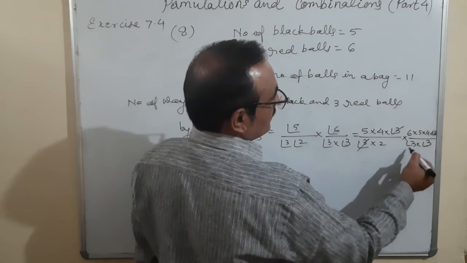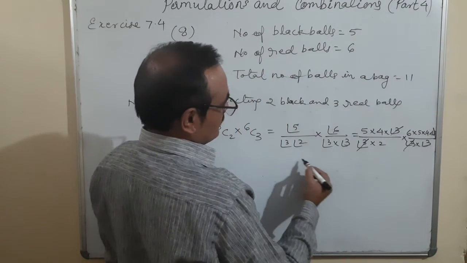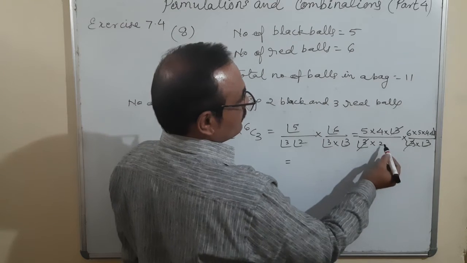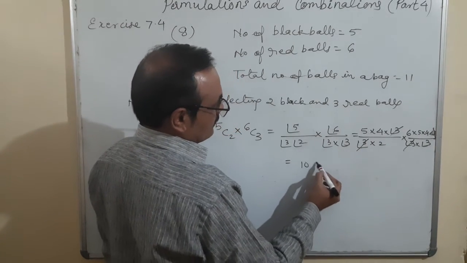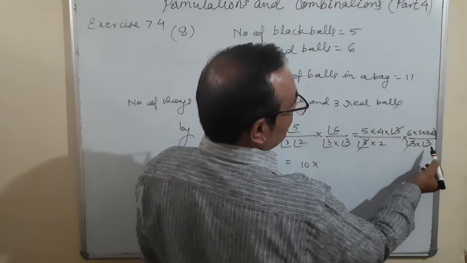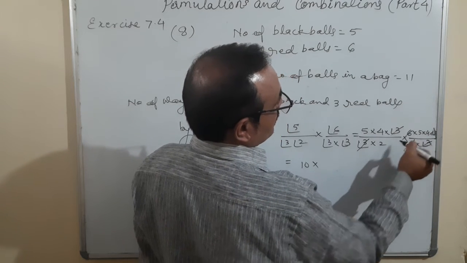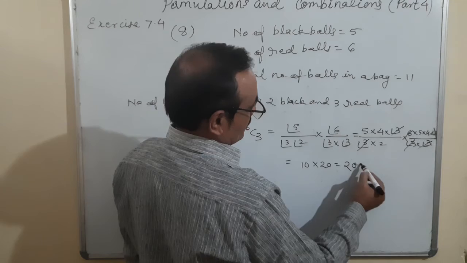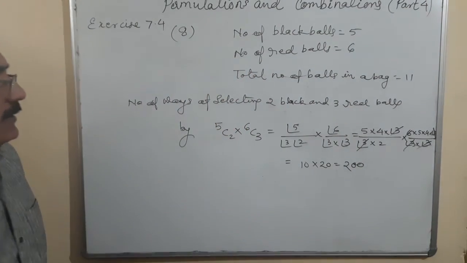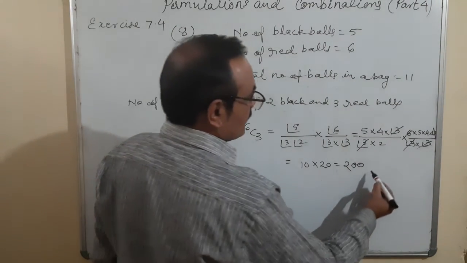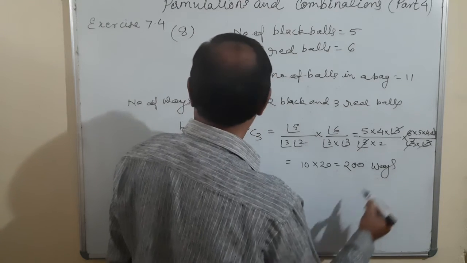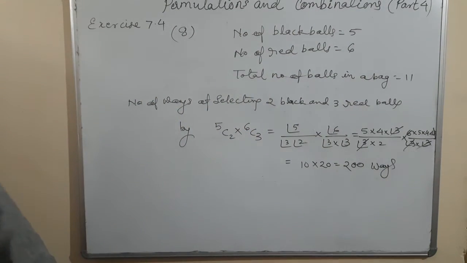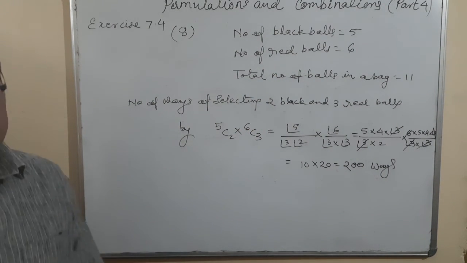So the first factorial 3 cancels, the second factorial 3 cancels. The result is 5 4s are 20 upon 2, that is 10, multiplied by 6 into 5 into 4 upon 6, 5 4s are 20. So 10 into 20 is 200. In total, 200 ways. Clear?